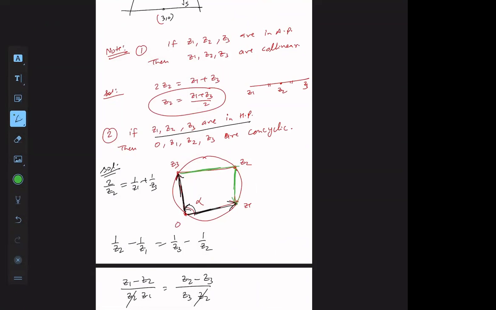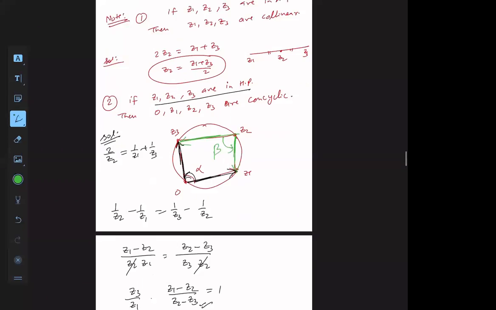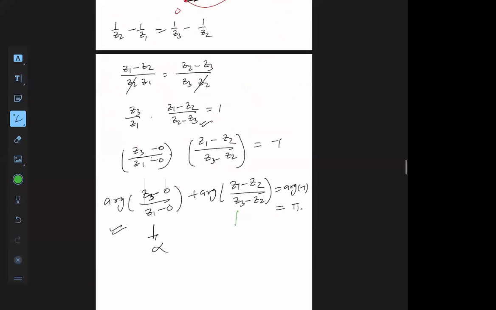So I have rotated in this form, so I will get beta. So this one is beta. So basically sum of opposite angle in quadrilateral is pi. So if in any quadrilateral, if sum of opposite angle is pi 180 degree, then this quadrilateral will be cyclic.